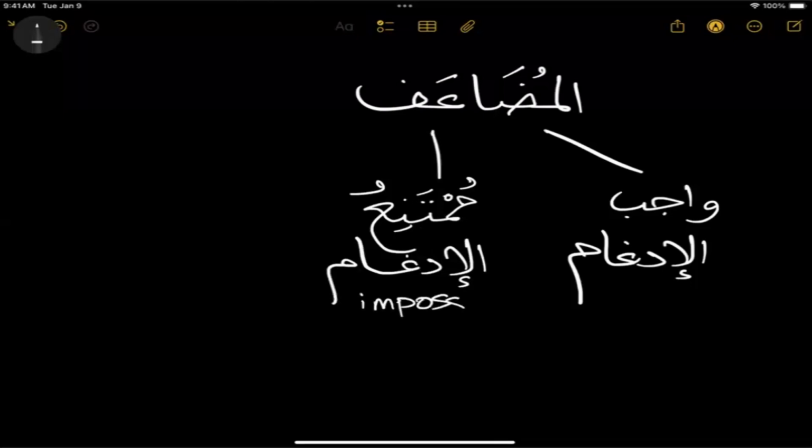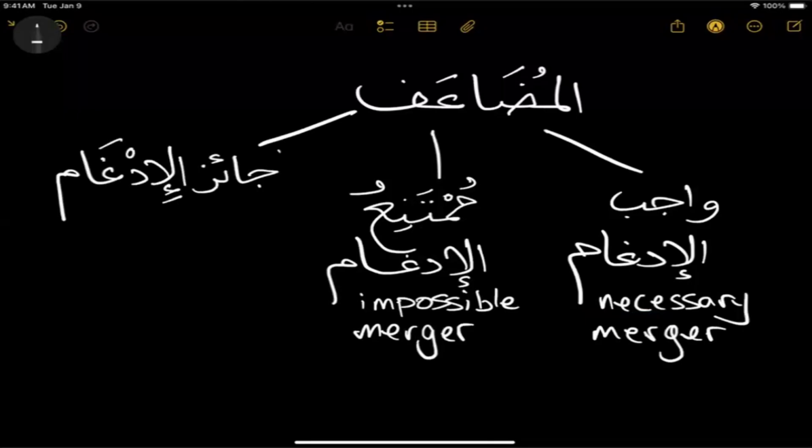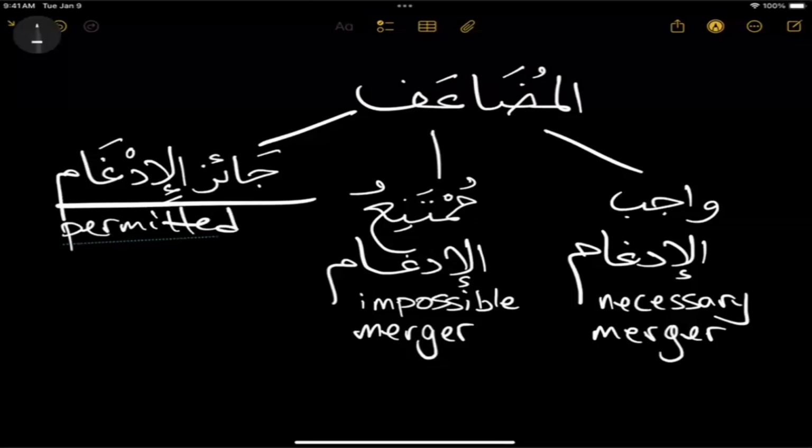An impossible merger. And sometimes it is jaizul idgham, meaning permitted. Permitted means you have a choice. You can do it or you don't have to do it. A permitted merger.